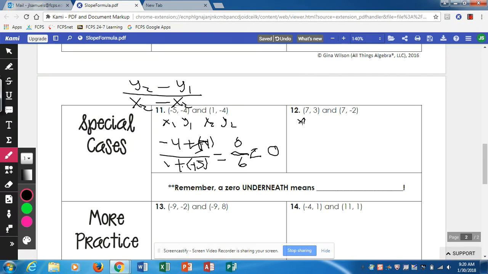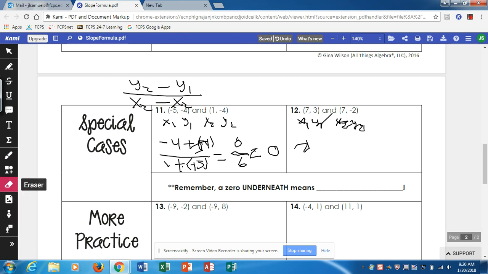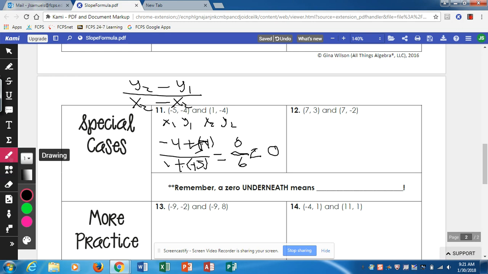Okay, so x1, y1, x2, y2, and we're going to go ahead and do it. Why is it doing this? Hold on one second. Let me erase this. Why is it writing so weird?